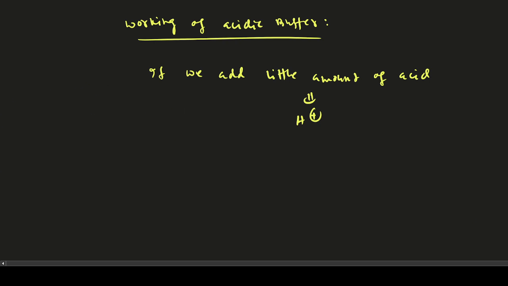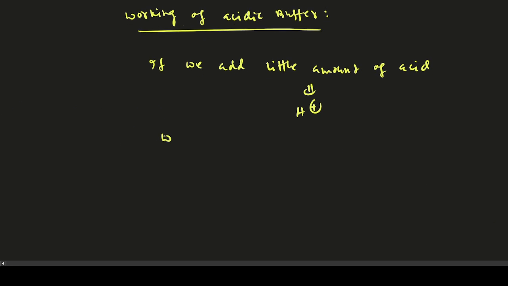So for an acidic buffer, we take a weak acid plus its salt with a strong base.